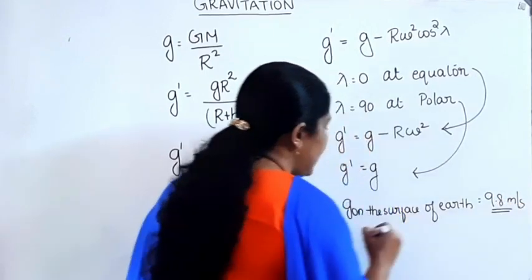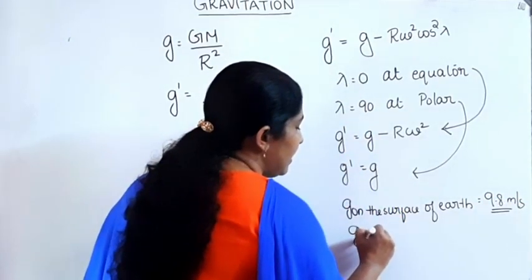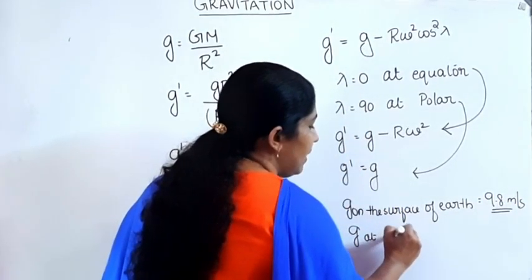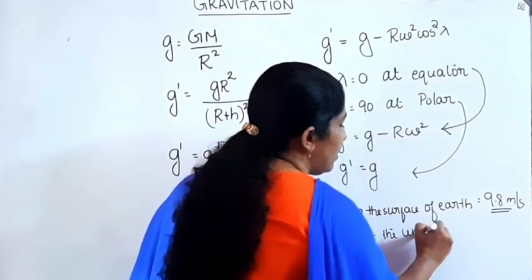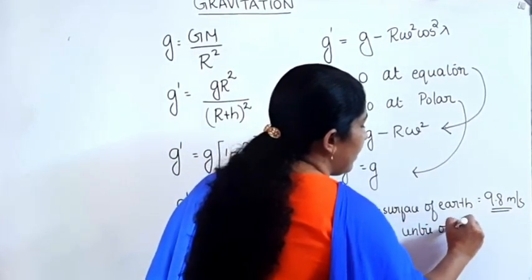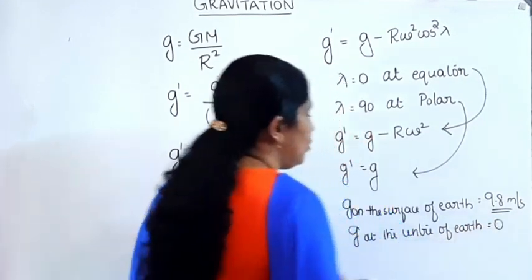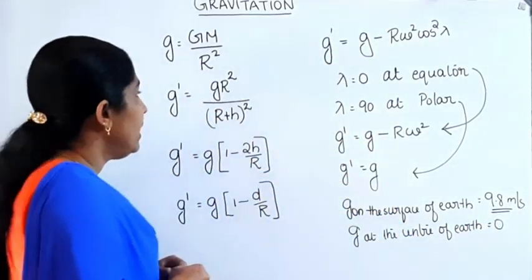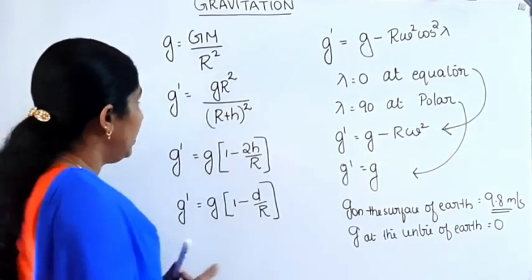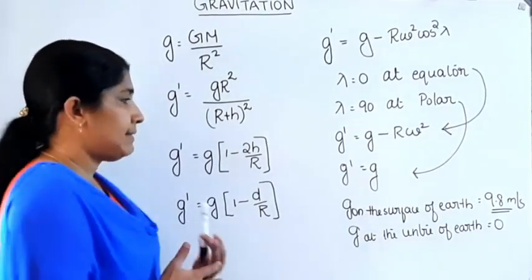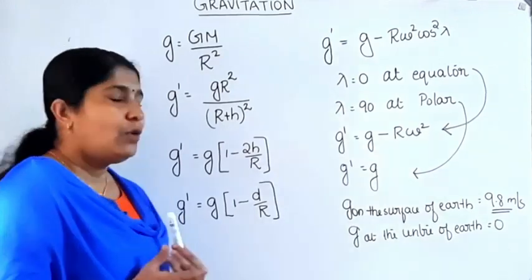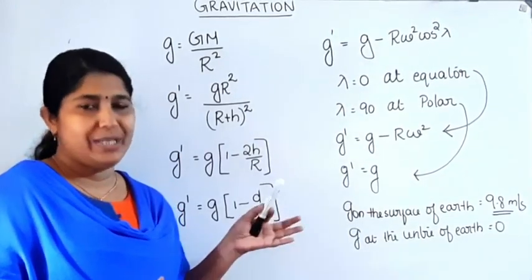At the center of the earth, the g value is equal to 0. These are the equations we want to learn from this topic, acceleration due to gravity. Now we can do certain problems related to this topic.